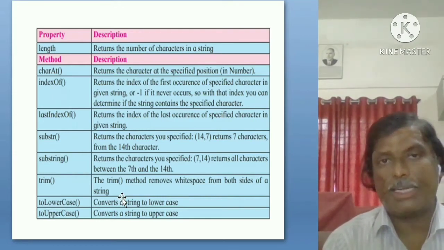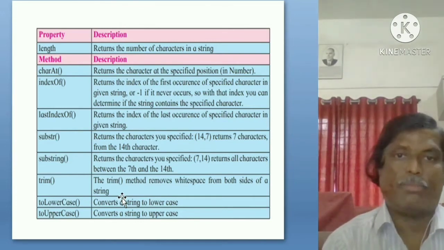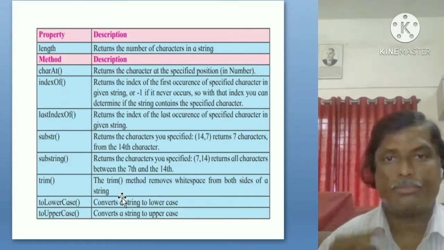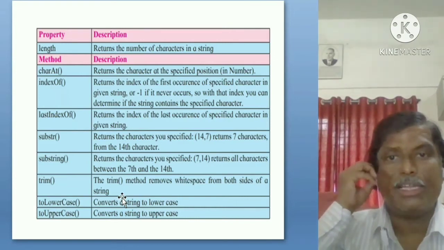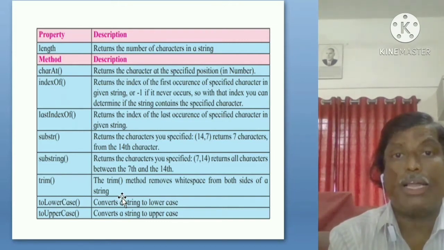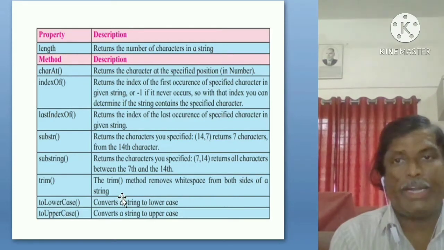After that, see the next method, substring. substring returns the characters you specified. Here see the example 7, 14, which returns all characters between the 7th and the 14th. Here it is different from substr. substr will return the characters from the first location up to the next provided number.